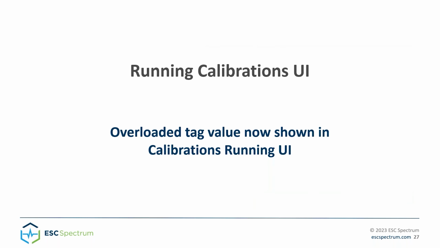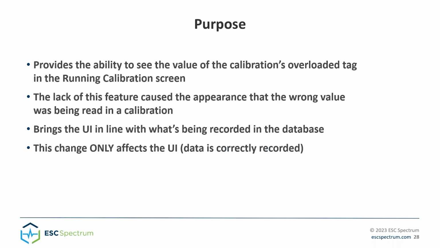Next, we have the running calibration UI. So this is for when a calibration is currently running. The overloaded tag is now shown in place of the regular tag if one is configured.